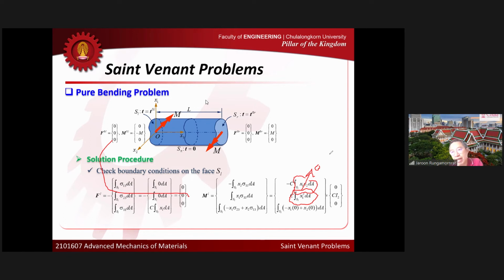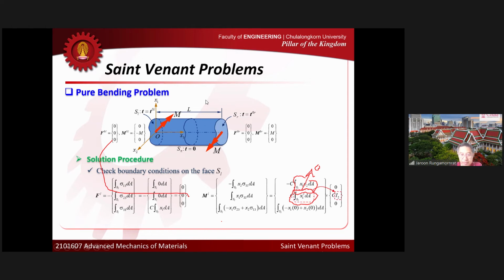It can be the same, right? The one here is the one that is prescribed, but the one that you got here, you got from the guessed stress field. They can be the same if and only if C is simply minus M over I2, right? That's the only way that you can say that ML equals M0L.